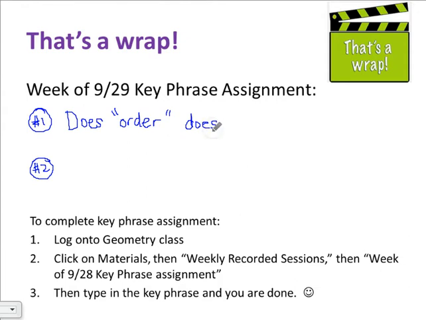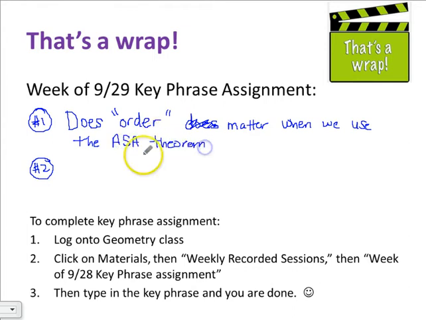So does it matter where the side is really what I'm getting at there. The side, does it matter where the side is, and where does the side need to be?